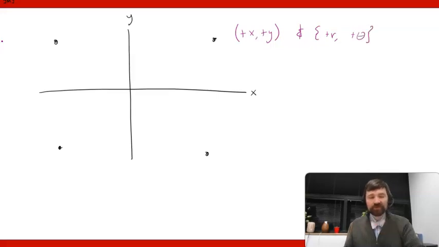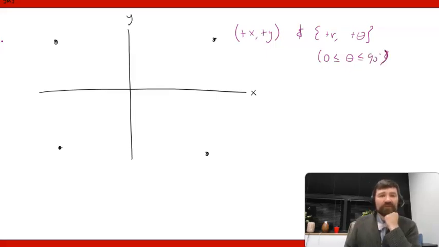where we could write that 0 is less than or equal to theta is less than or equal to 90 degrees. This one right here we'd say is negative x, comma, positive y, and we could also say plus r, comma, plus theta, where 90 degrees is now less than or equal to theta is less than or equal to 180 degrees.